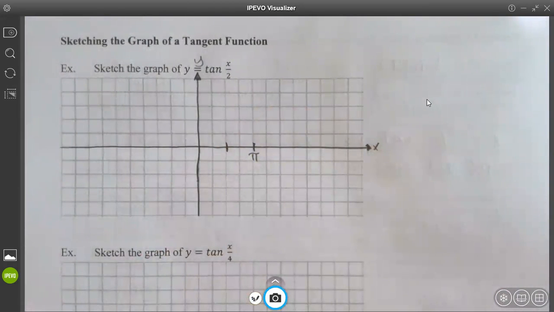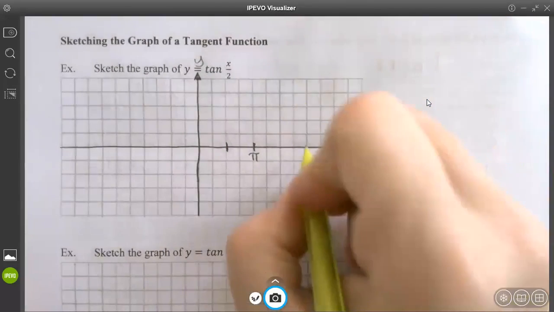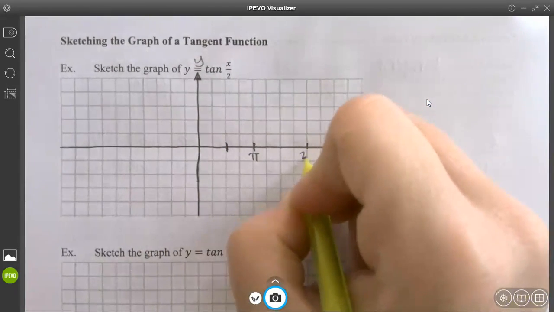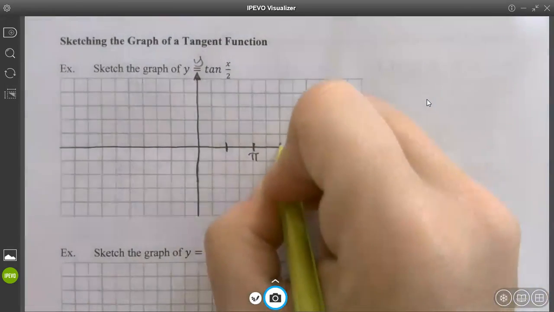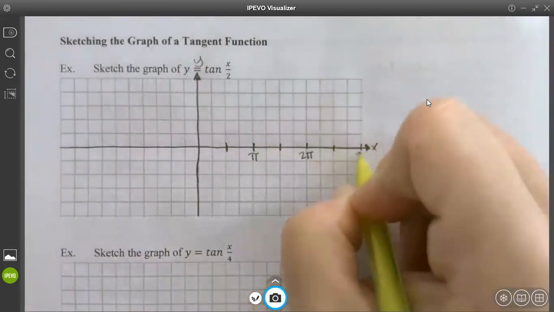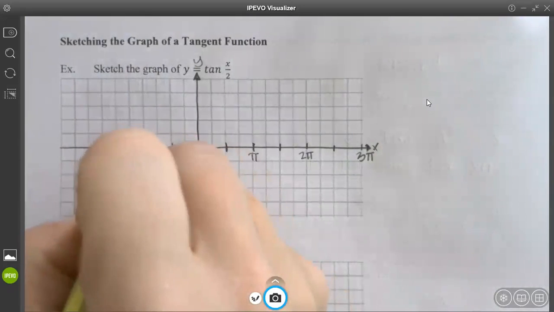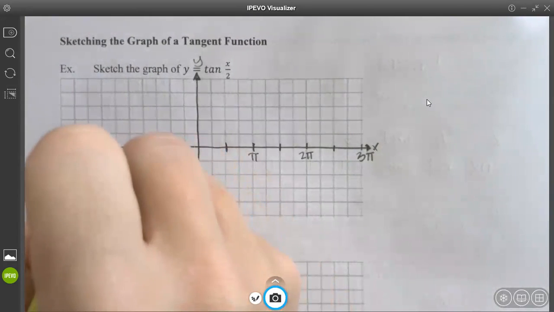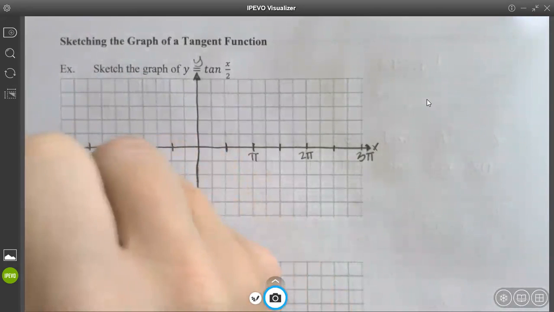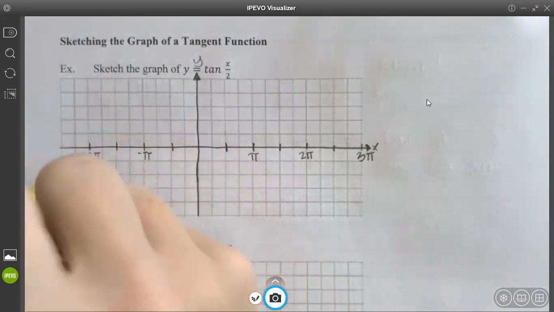Every 2 is going to be pi over 2, so every 4 will be pi. Same thing on the other side, at 4, negative pi, negative 2 pi.